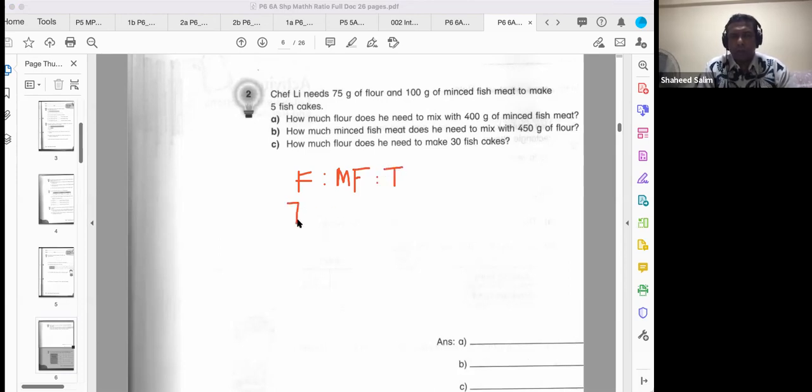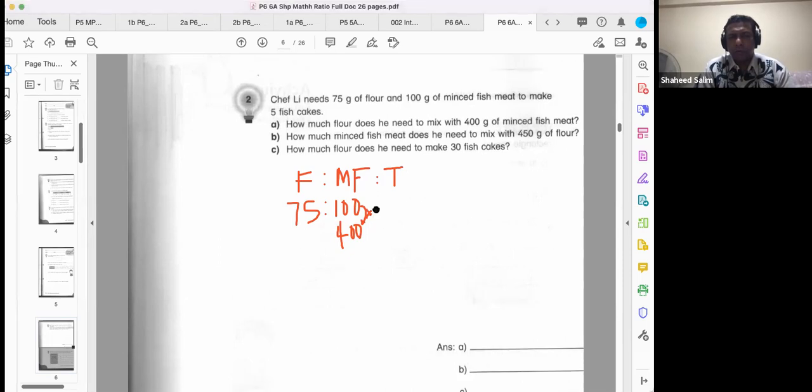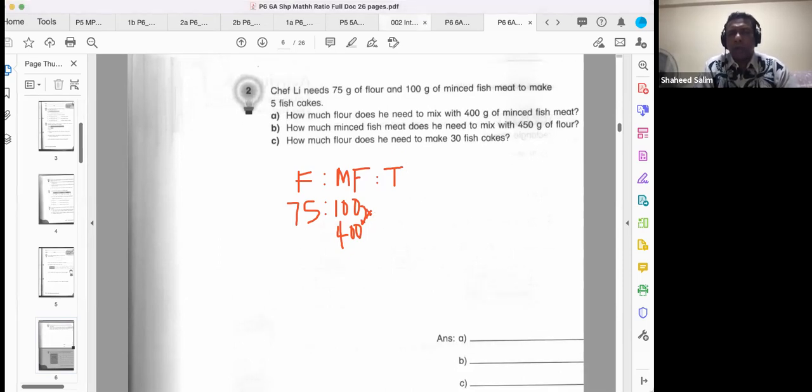The formula is given here as 75 grams. So your first one is 400, right? Those of you not sure, how do you get 400? You times 4, and do the same to the flour. This is equivalent ratios. So again, if you're confused, 8 times 4, you get 300. So the first one is 300.